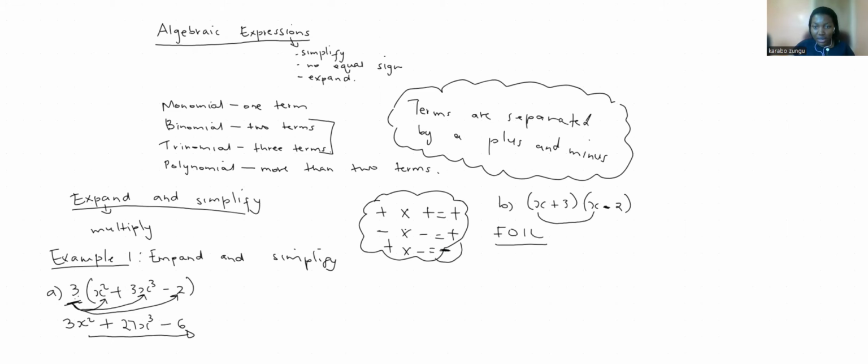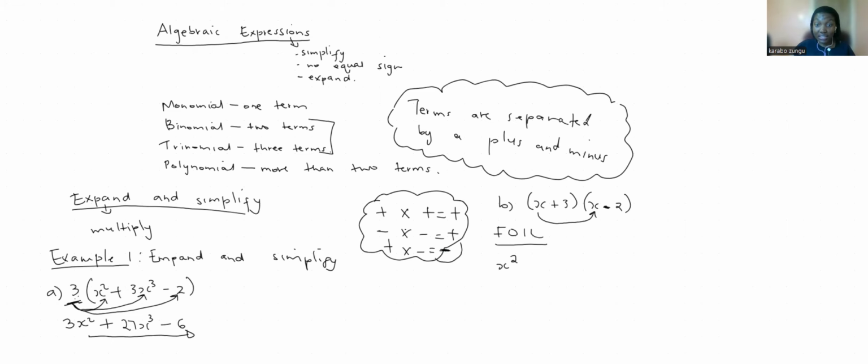So let's go. Start with our F. First, you multiply the first terms for both, which is x times x, which is x to the power 2. Why are we having x to the power 2? Because you're multiplying x by itself 2 times, which introduces an exponent. And then we come with our O, the outers.